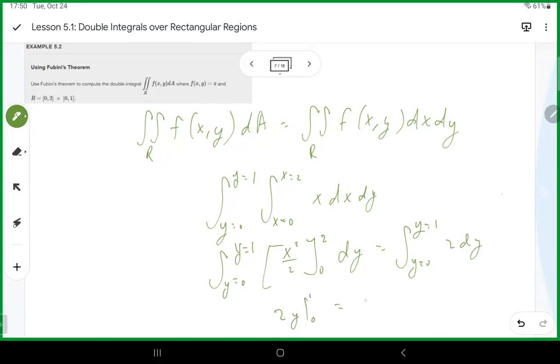So then the answer is just 2. Now, I wish they would have used the example we had before, but they didn't. So maybe they're building us up to it.